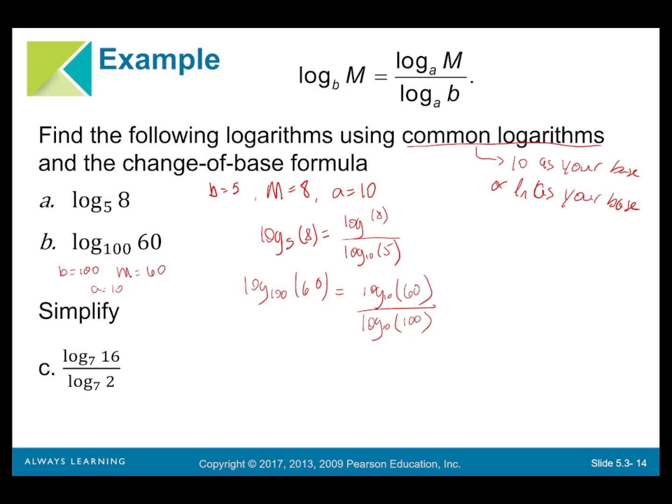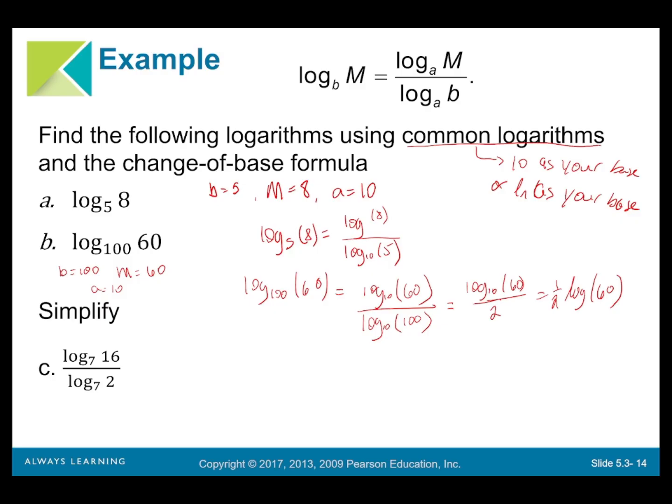Now, log base 10 of 100, 10 to the what gives us 100? Well, that's just 2. So we'll write log base 10 of 60 divided by 2, which I could write as 1/2 log base 10 of 60. So we could simplify that one a little bit further, again, just noticing that log base 10 of 100 equals 2.